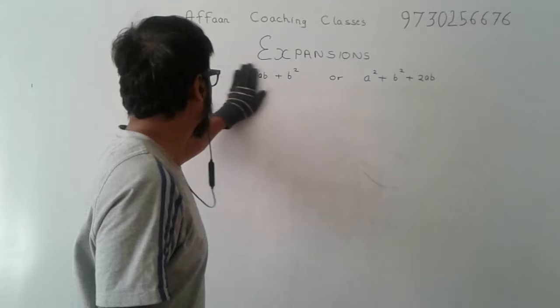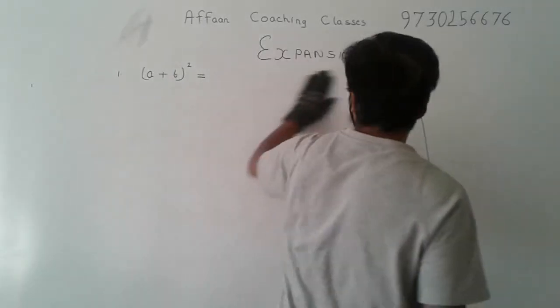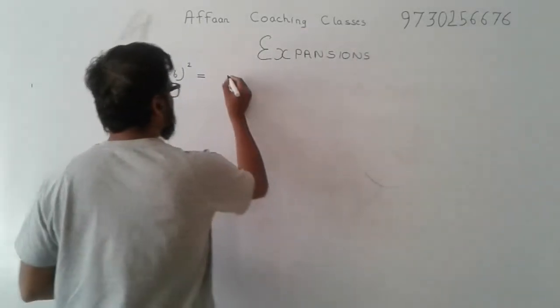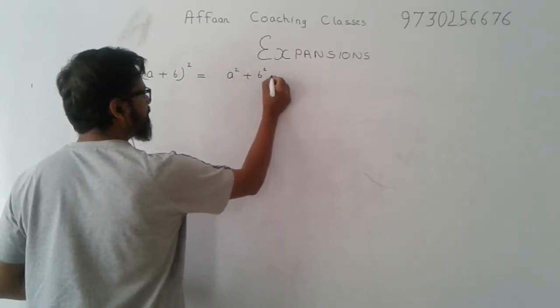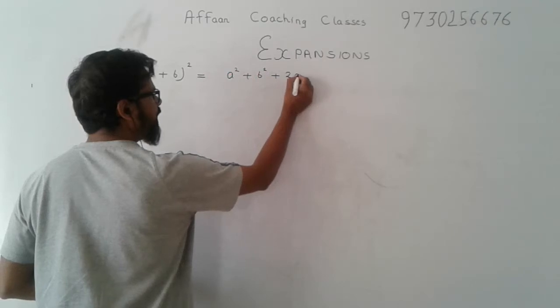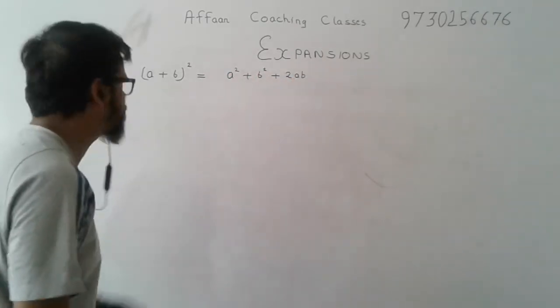So let's write this as (a plus b) whole bracket square is a square plus b square plus 2ab. Right? This is your first formula.